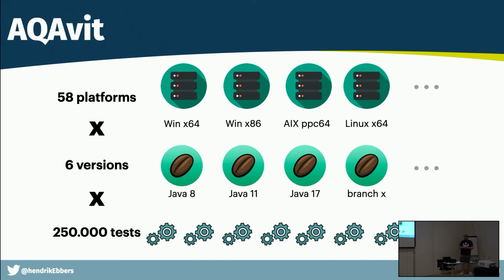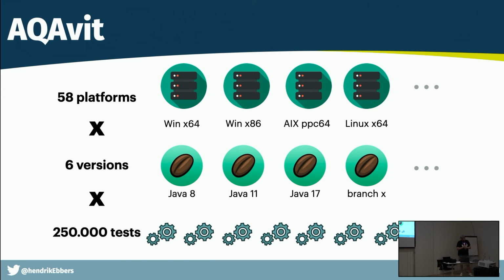It's like 250,000 tests. At the moment you have Java 8, Java 11, Java 17, Java 18, and so on, so I think that number is not perfectly correct anymore.